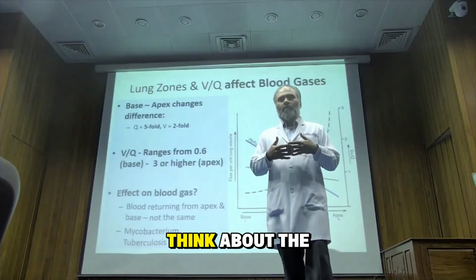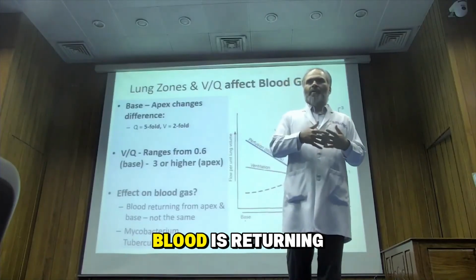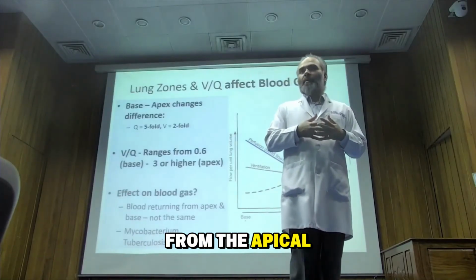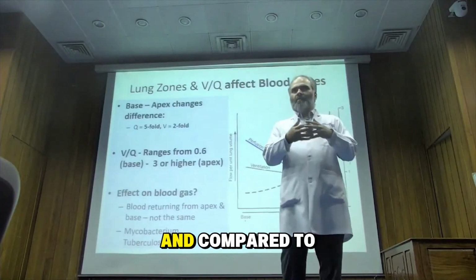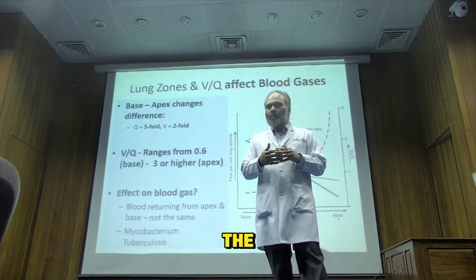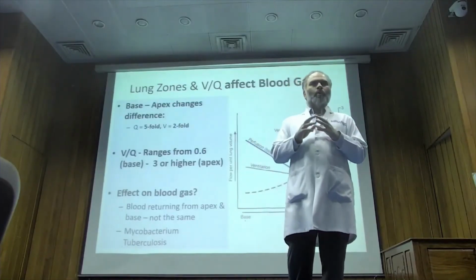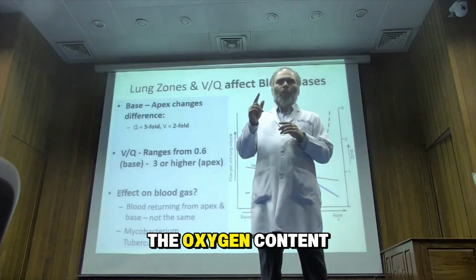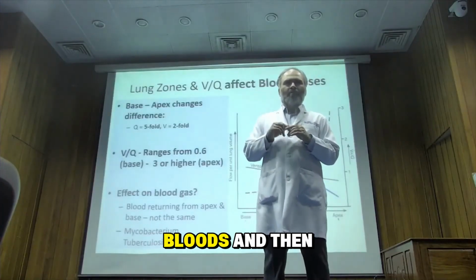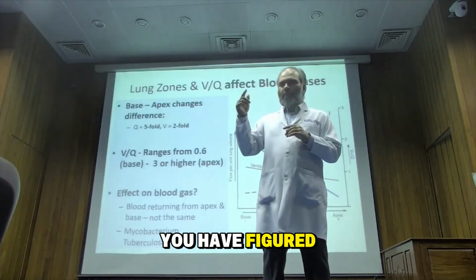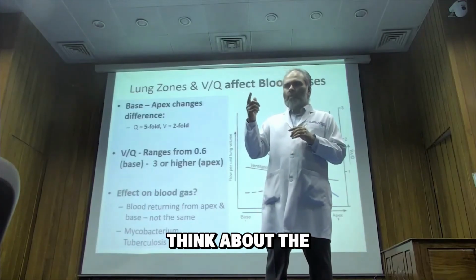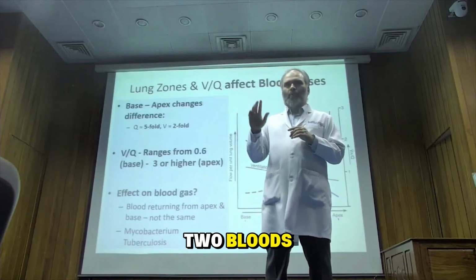For you to think about the following question. If blood is returning from the apical areas of the lung, compared to blood returning from the basal areas of the lung, what would be the difference in the oxygen content of these two bloods? And then, once you have figured that out, think about the difference in carbon dioxide of these two bloods.